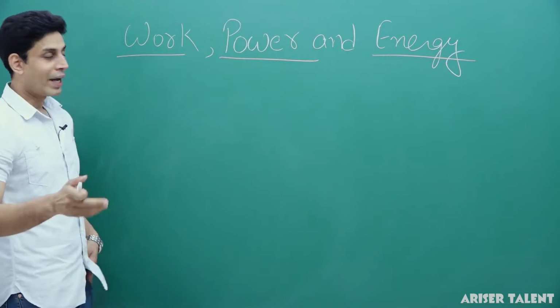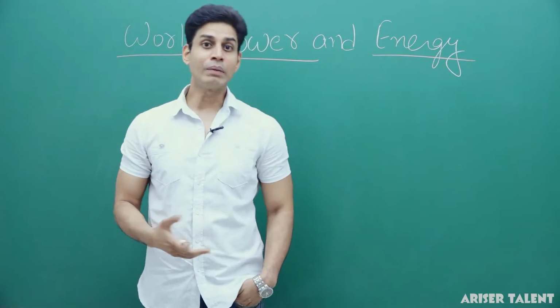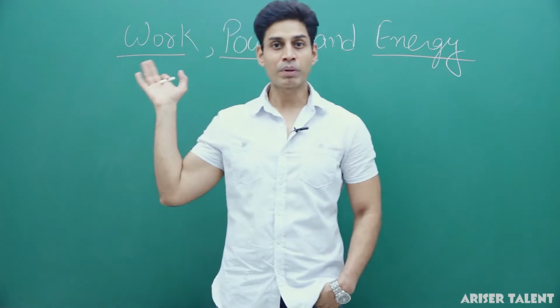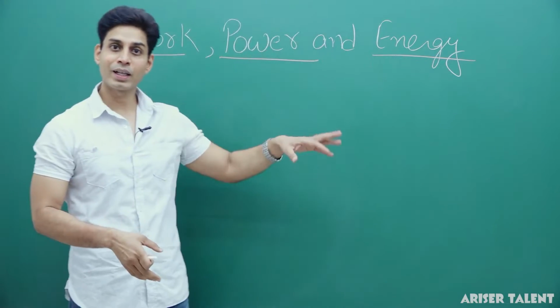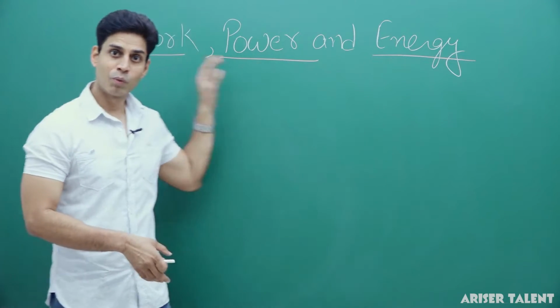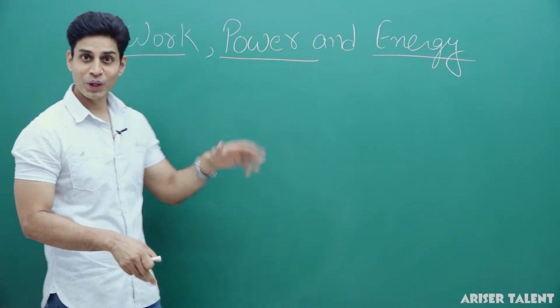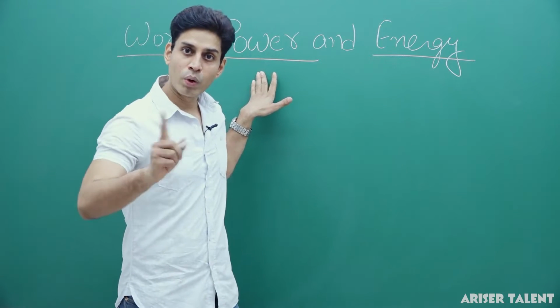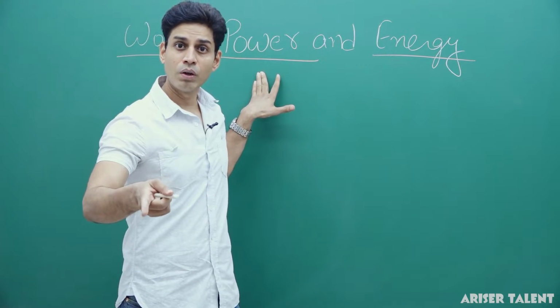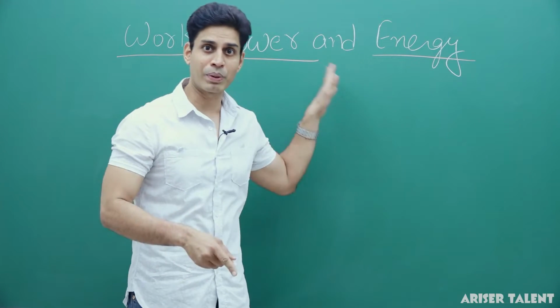Anyways, as we'll proceed in this chapter, you'll come to know that the name of the chapter basically is work. Not work, power, energy. It is basically work. What is work? That I'll tell you. Now, you know what is power? That is work in 1 second. How much work you performed in 1 second, that is power.